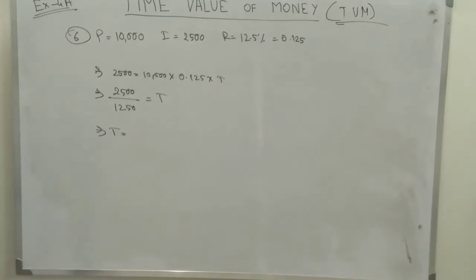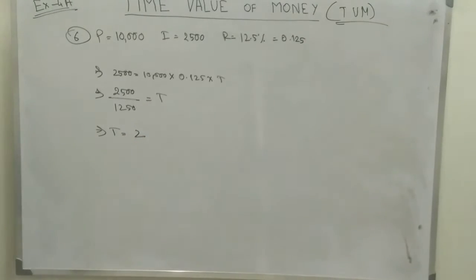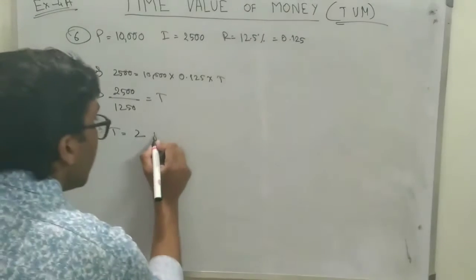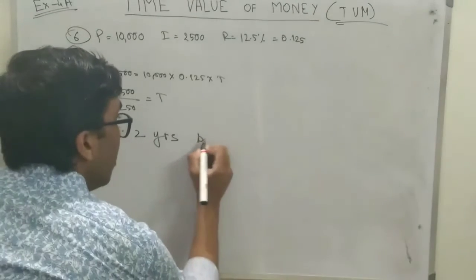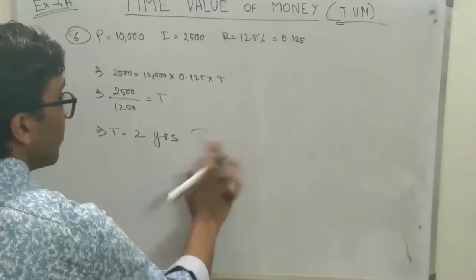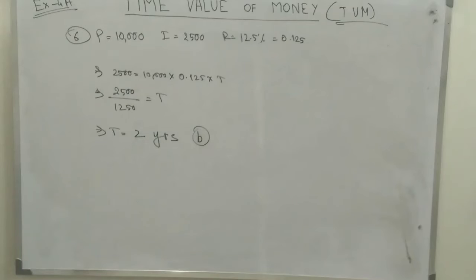Then the value of time will be 2,500 by 1250, 2. The time period will be 2 years, which is option number B.